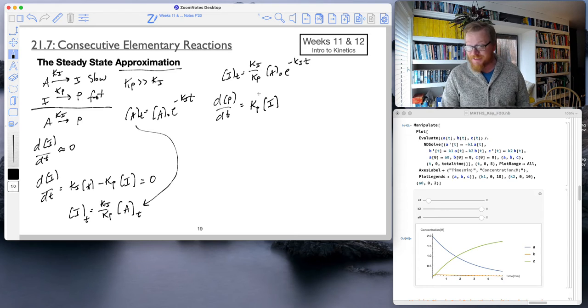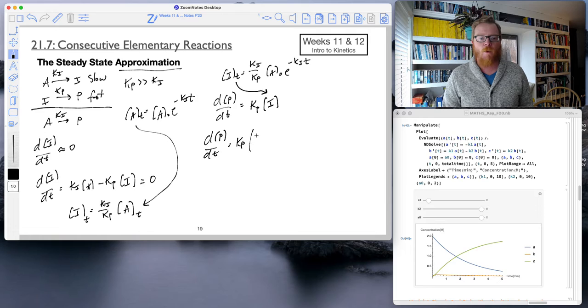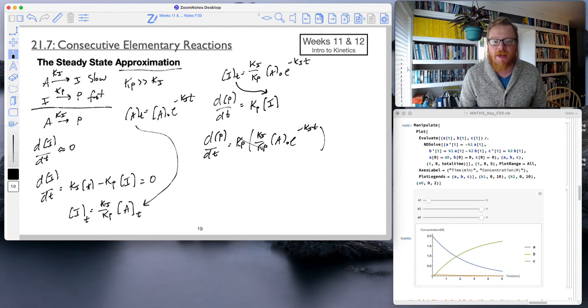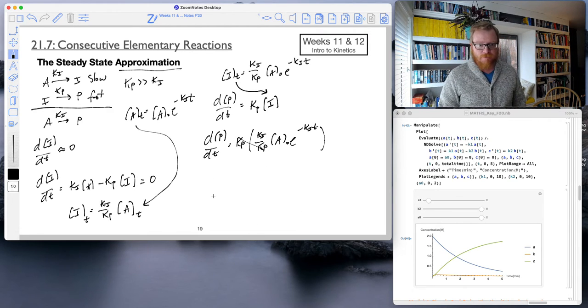However, what we can do is substitute this new expression in. And so that's going to go as the following. dP by dt equals Kp, now times all of this, which is Ki over Kp, A initial e to the negative Ki t. Okay, and so you can see the Kp and the Kp are going to cancel.